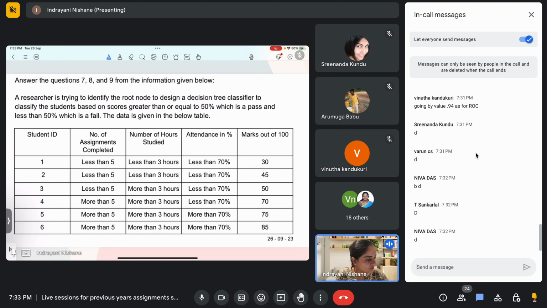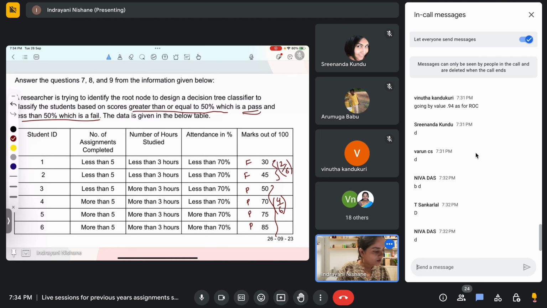This particular student will fail because less than 50% is fail, and greater than or equal to 50% is pass. So the rest of the students are pass. That means this is 2 divided by 6, not 7, sorry, 2 by 7, and this is 4 by 6. So we have the probability of pass and probability of fail here.